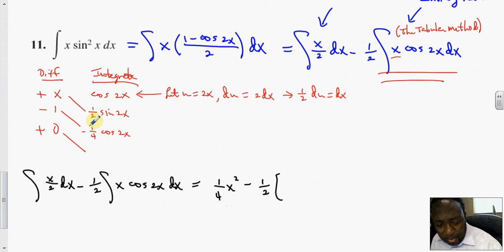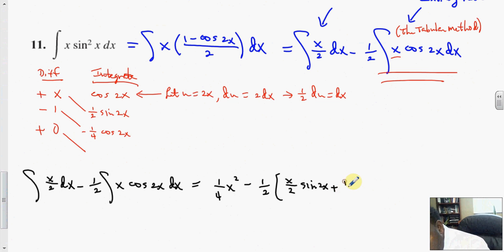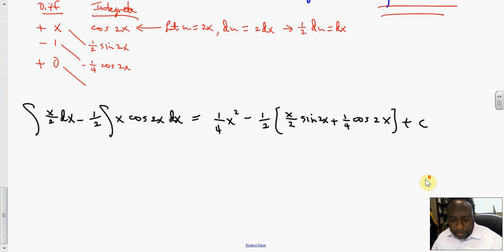We got that by the tabular method, so we plug that in. This is x over 2 times sine 2x. Minus a minus is positive 1/4 cosine 2x. Close that up, plus some constant there.